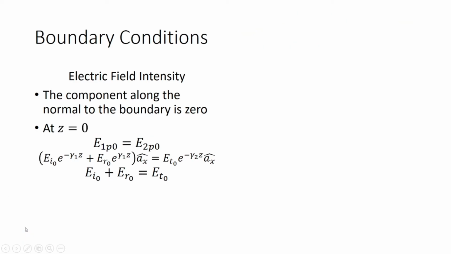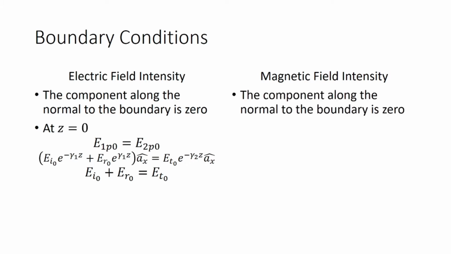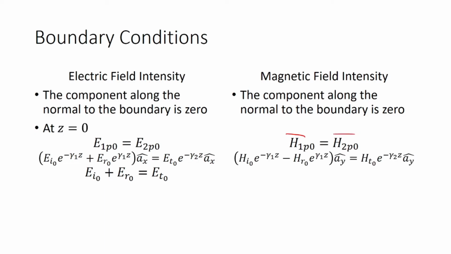Let me erase this and let us also analyze the magnetic field intensity. Again, the component along the normal is 0. Therefore, at z equals 0, H1 tangential is equal to H2 tangential. If I substitute z equals 0 here, I get Hi naught minus Hr naught equals Ht naught.